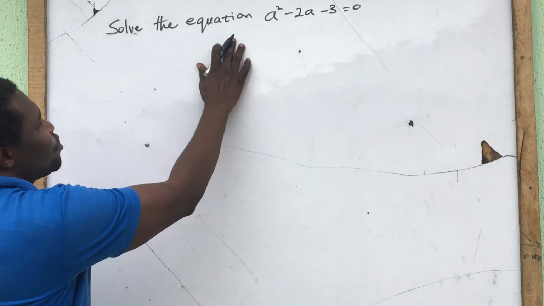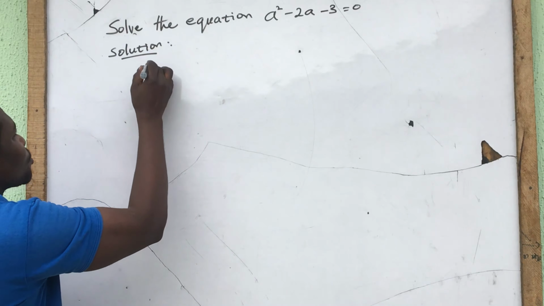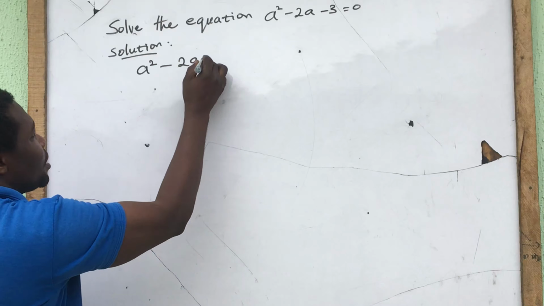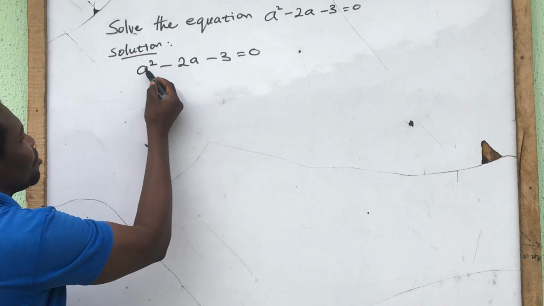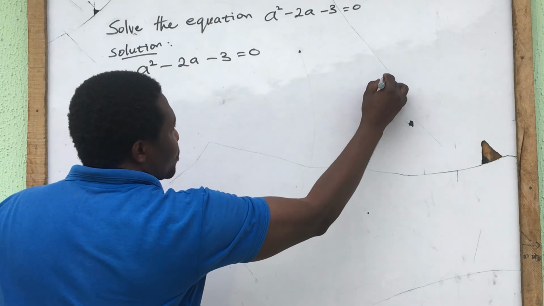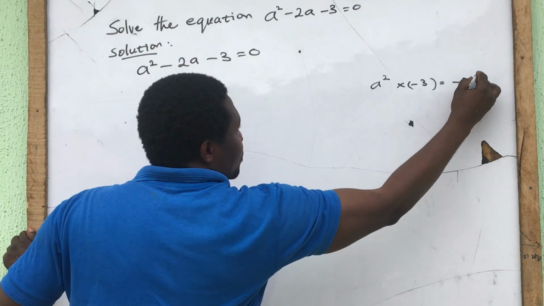Solve the equation a squared minus 2a minus 3 equal to 0. So to solve this, that is a squared minus 2a minus 3 equals 0. So we need to look at this, then we multiply this. So that is a squared times minus 3, that is minus 3a squared.